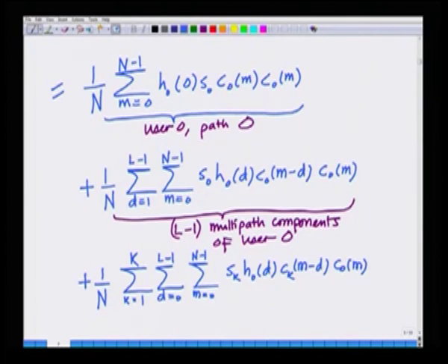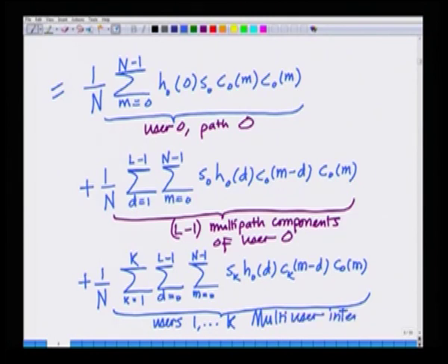This is nothing but the K L components of the interfering users. Look at this, we only have users from k equals 1 to K, that is all users other than the 0th user, who is the desired user that we are considering. Hence, this is the multi user interference. This is from users 1 up to capital K, and this is also the multi user interference.